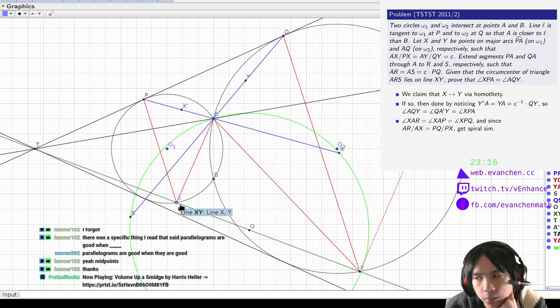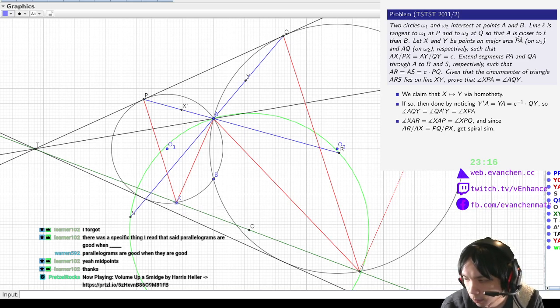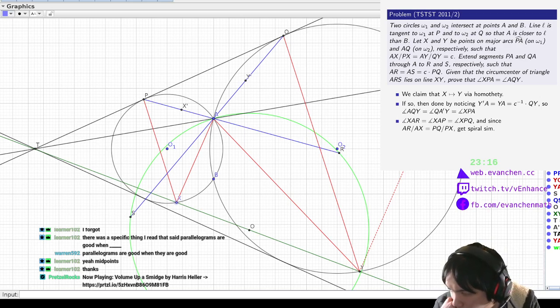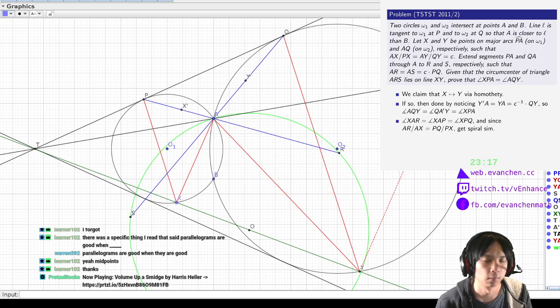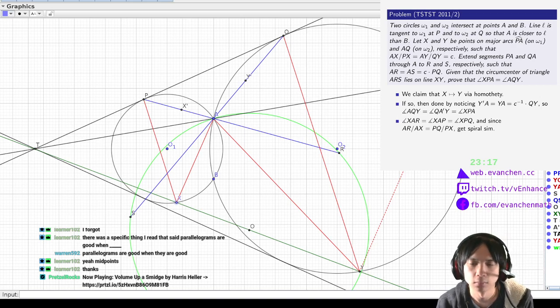XPQ and XAR. What do I do with this? Yeah, I don't get it.